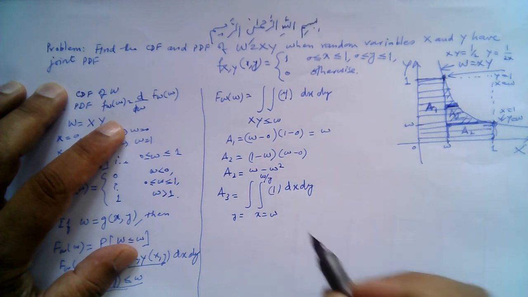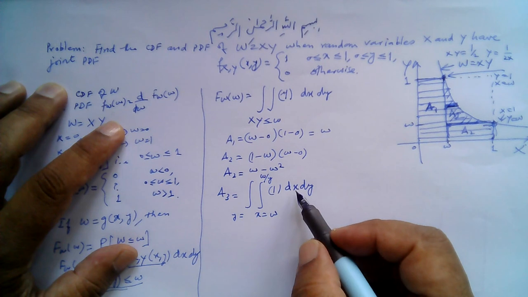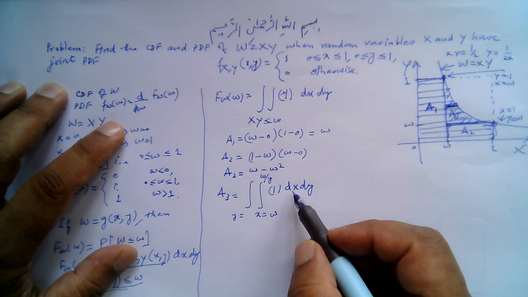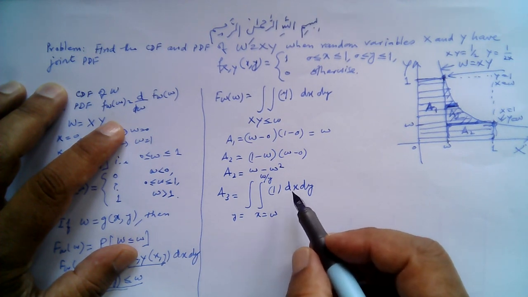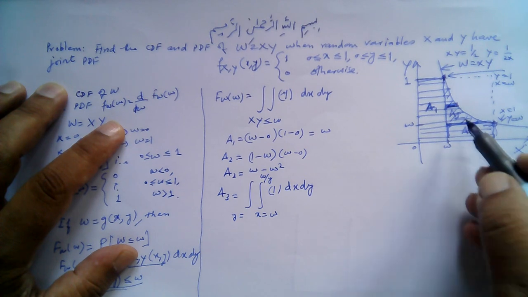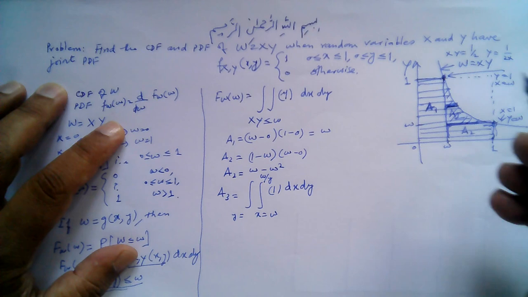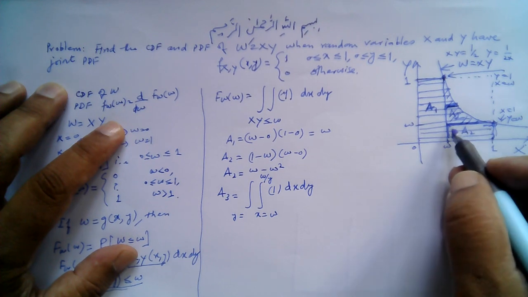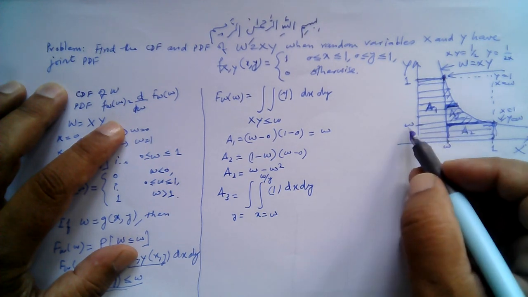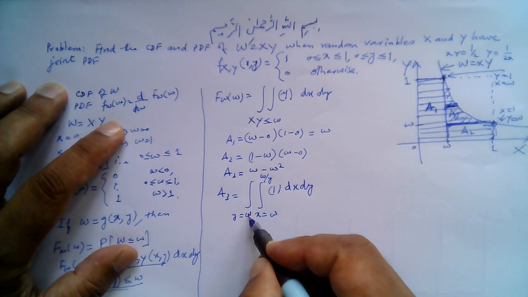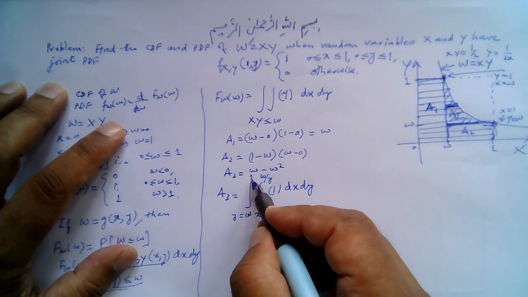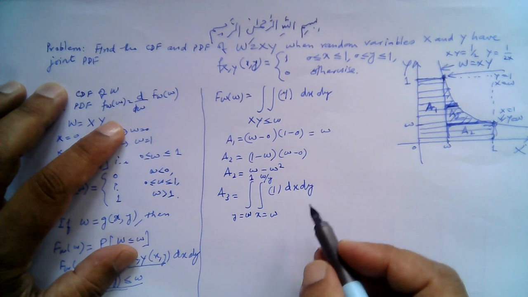So these are the limits with respect to x, and for limits with respect to y, you see that we have to move this strip from this place to this place. When we begin here, y is w, and at this point y is 1 here. So these are the limits for this region.